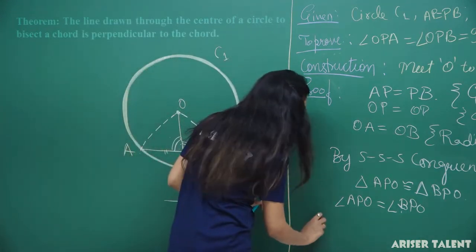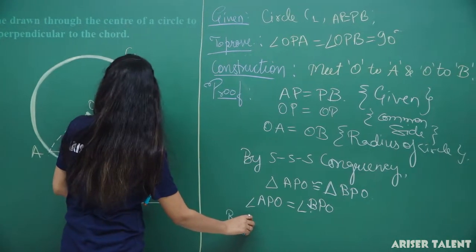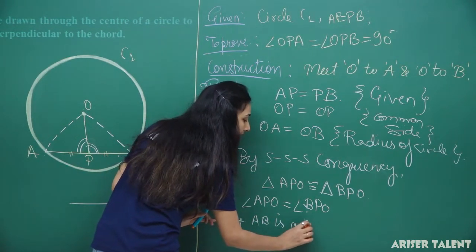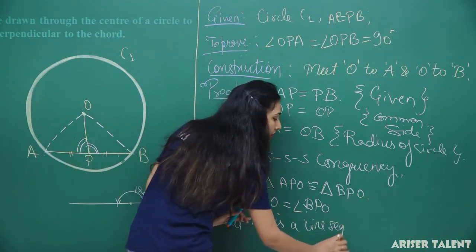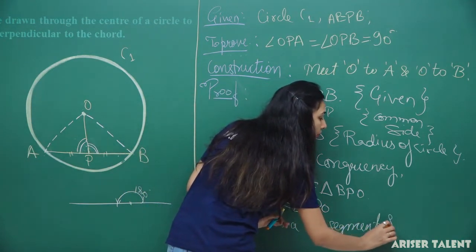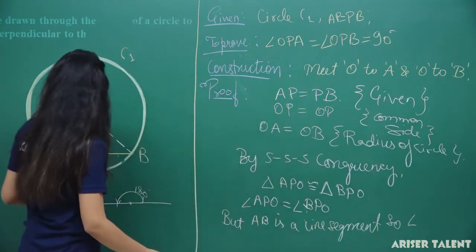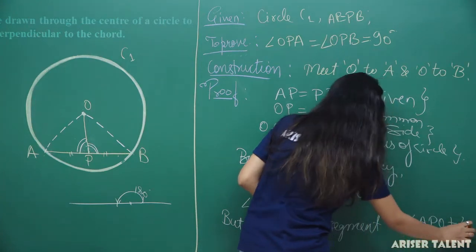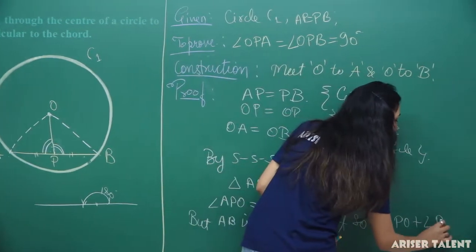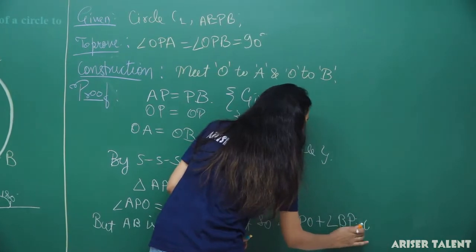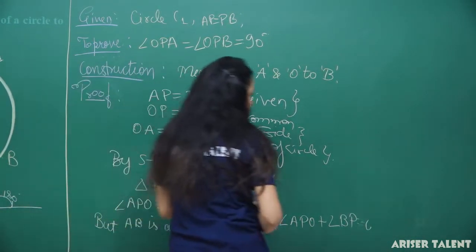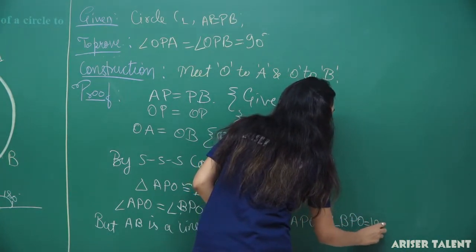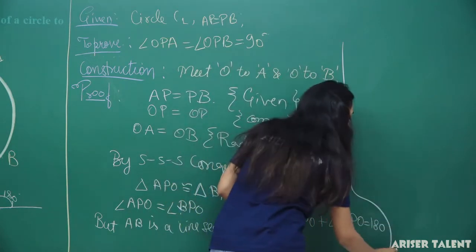But AB is a line segment. So angle APO plus angle BPO equals 180 degrees, right?